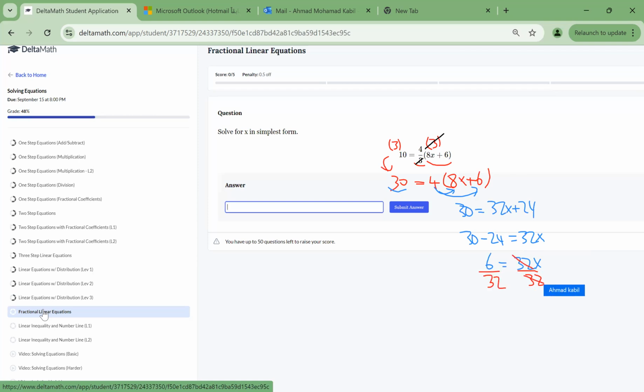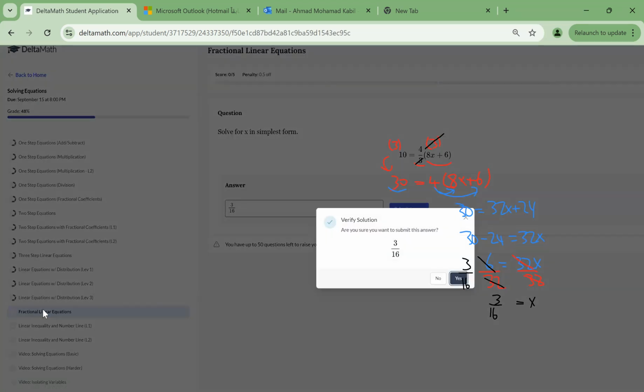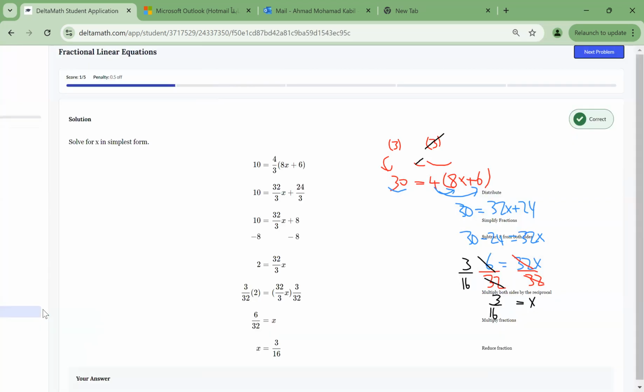These cancel out, and 6 and 32 become 3 over 16. So x equals 3 over 16. And this is correct as well.